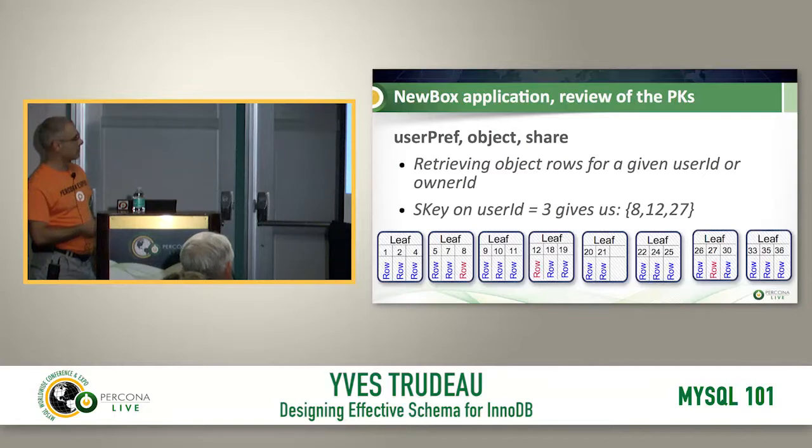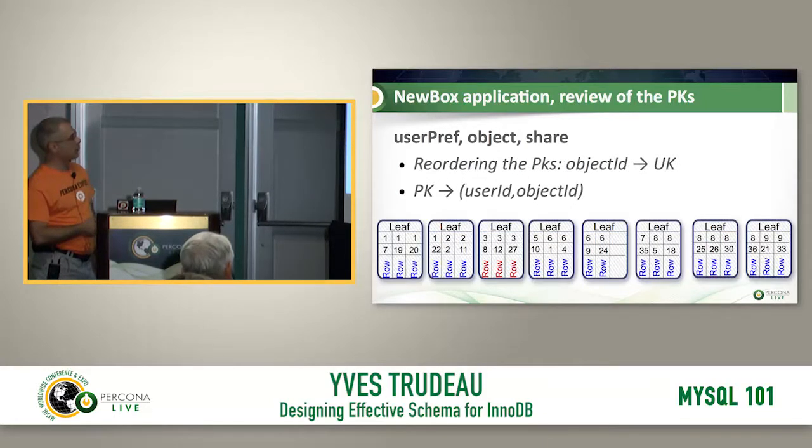So what can we do? Let's say we reorganize the primary key. First, object ID, which is our primary key, is likely now an integer based on what we have discussed, an integer auto increment maybe. So now we move it to a unique key.